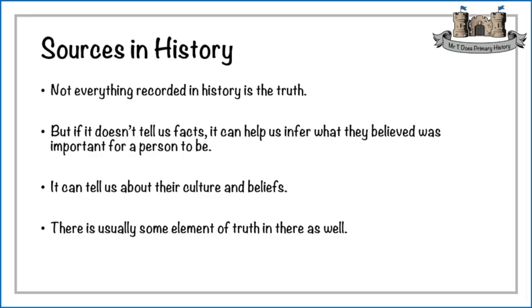Number 2, if it doesn't tell us the facts, it can help us infer what they believed was important for a person to be. So the bravery was very important. George being brave, being honourable, doing the right thing. It can tell us about their culture and beliefs, what they believed in, what they thought was important for their society. And there is usually some element of truth in there as well.